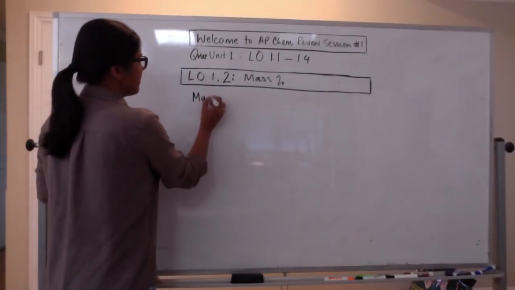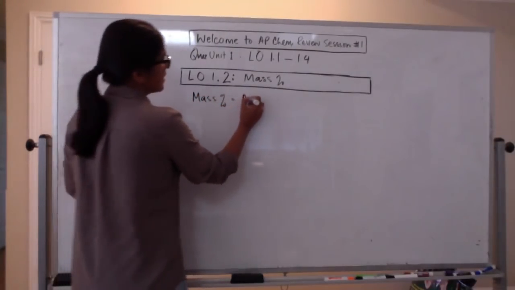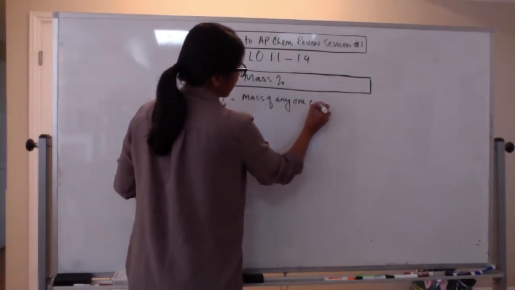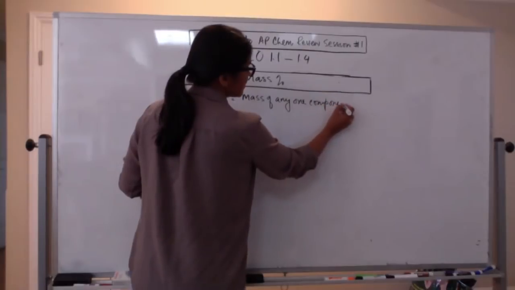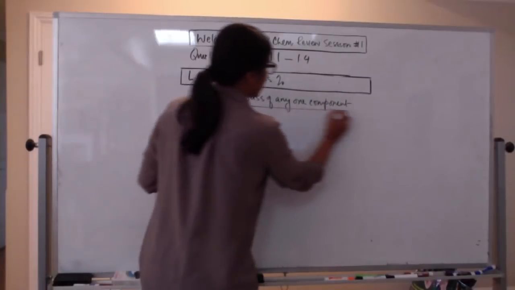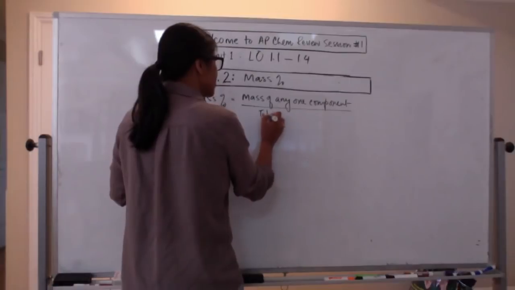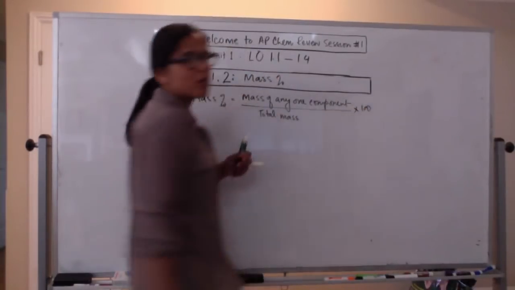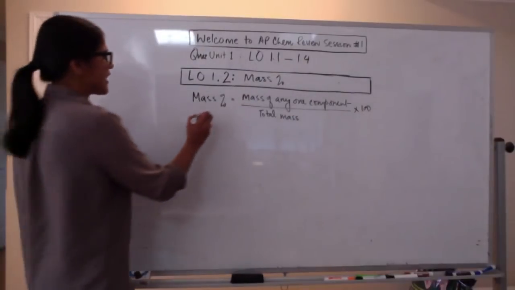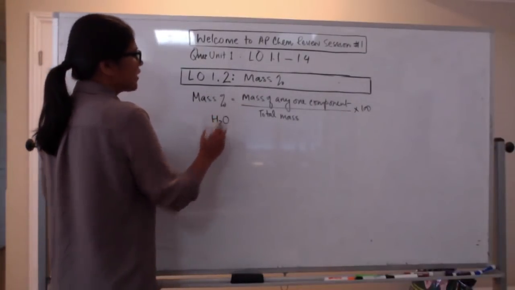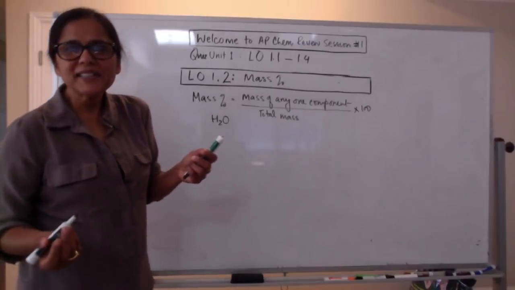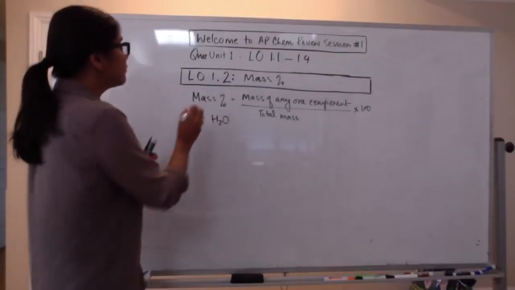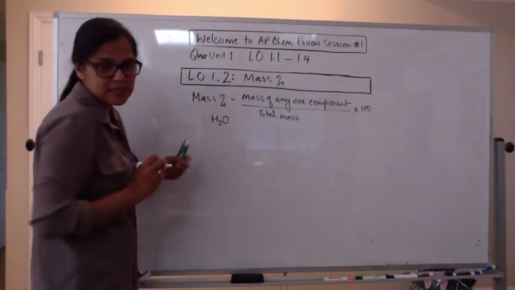When you say mass percent, it is the mass of any one component, whichever thing we want to get the mass percent of, divided by total mass times 100. So you will never get a question which says, what is the mass percent of hydrogen, oxygen, and water? Because that's so simple. So typically the question you will get will be an application of mass percent.